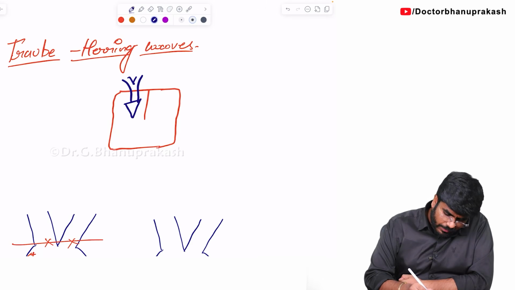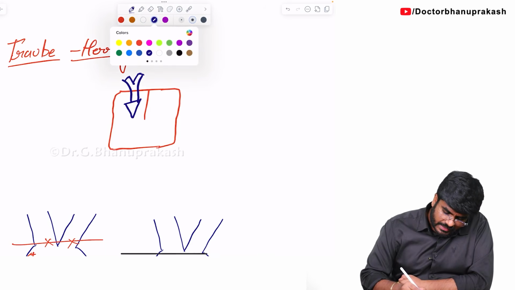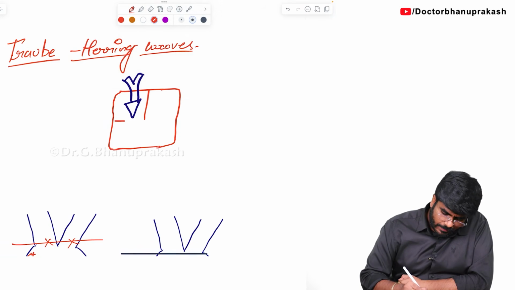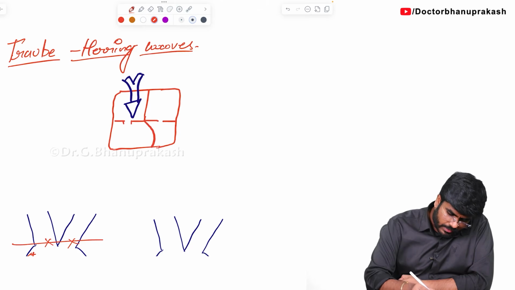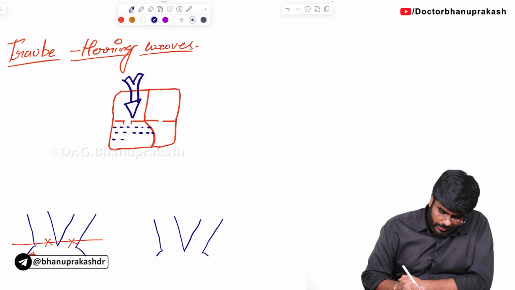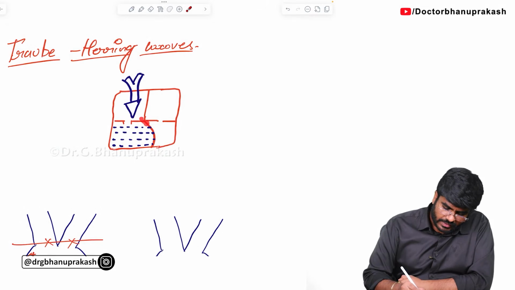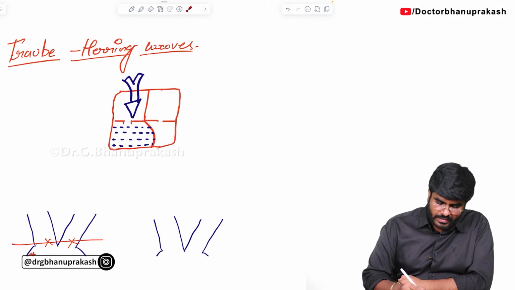So now you tell me what will happen. Whenever this more venous blood is coming to the heart, the right side of the heart is going to get filled. Okay, the right side of the heart is getting filled. See, now this venous blood, which is coming into the right ventricle, is actually displacing the interventricular septum towards the left side.